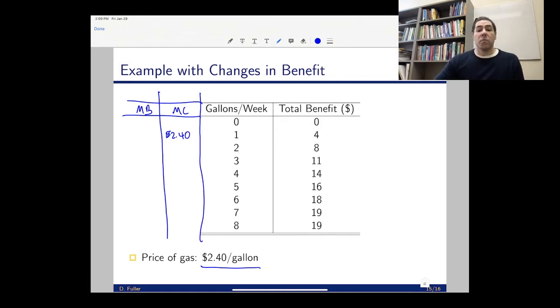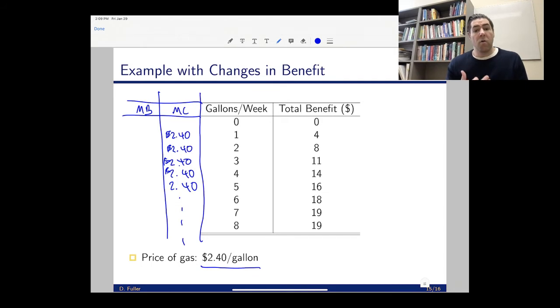So that's very easy. Just like if I add an extra hour of time and my time is worth $15, the marginal cost is always $15. We're assuming that's constant here. Every gallon of gas I add, $2.40 in cost. So my marginal cost is always $2.40, all the way down. That's already a pretty easy calculation.